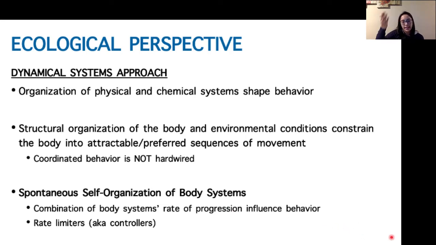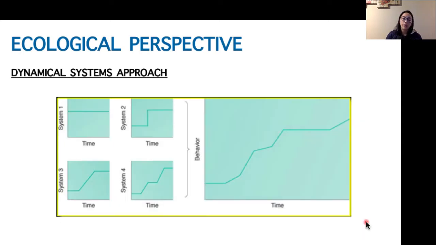So the idea here is that as your body systems mature, more skills or abilities are likely to appear because the development of a system permits previously restricted movements to emerge. I included a figure that the book has just so you have a visual representation of how this might work.